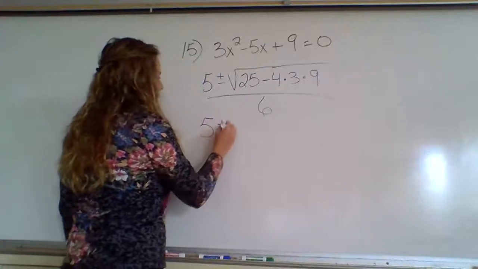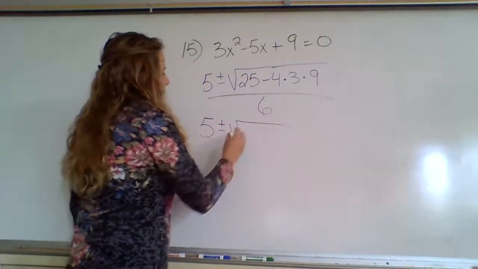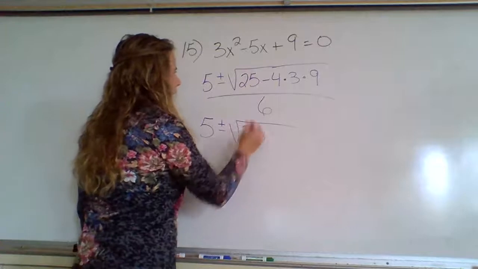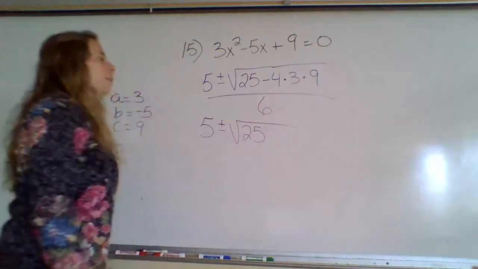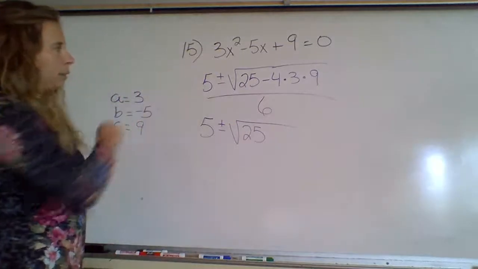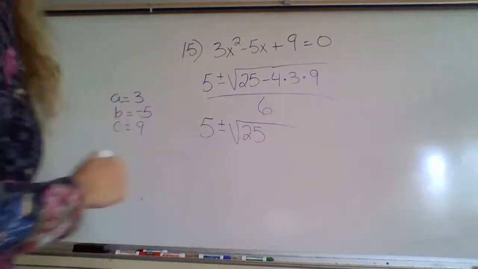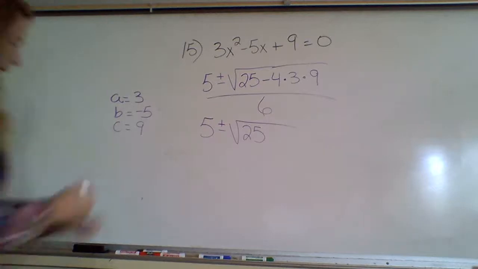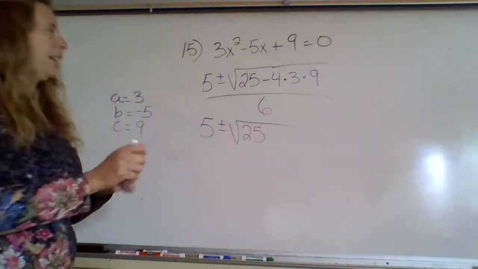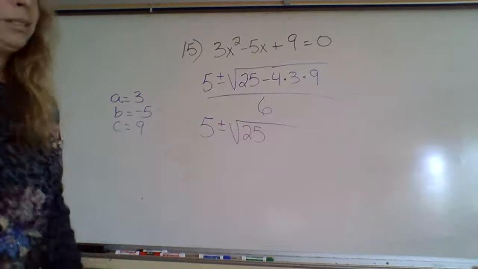5 plus or minus the square root of 25, and then you multiply these together. -4 times 3, sorry, there's a glare, -4 times 3 is -12 times 9. 12 times 9, uh-oh, that's a basic fact and I can't think of it.